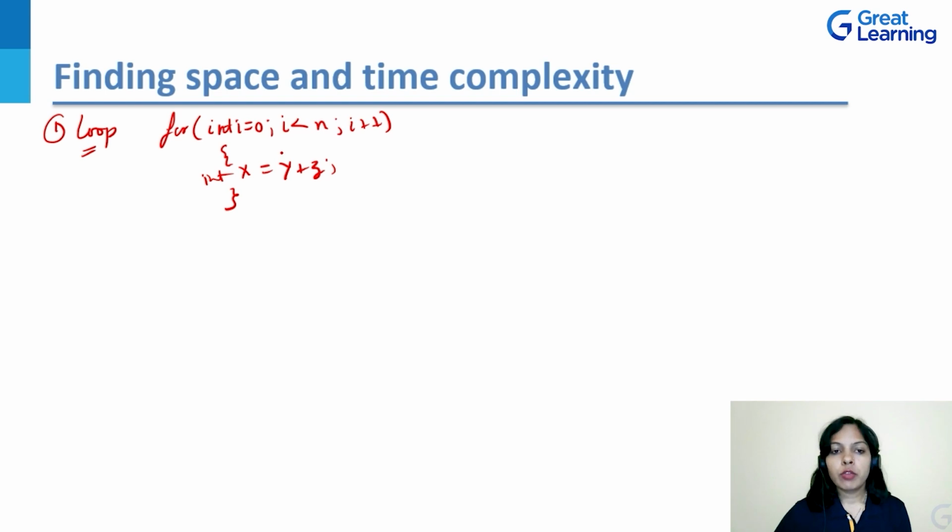If I assume the number of inputs is only one, the for loop will run only one time, and this complete statement will run only one time. So time taken is only 1 unit of time, right? And what will be the space taken at that time? Only these two variables will be stored at a time in memory.